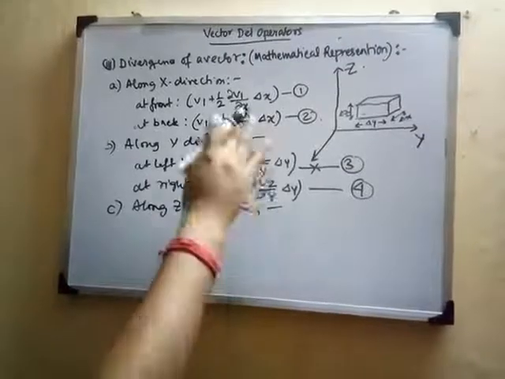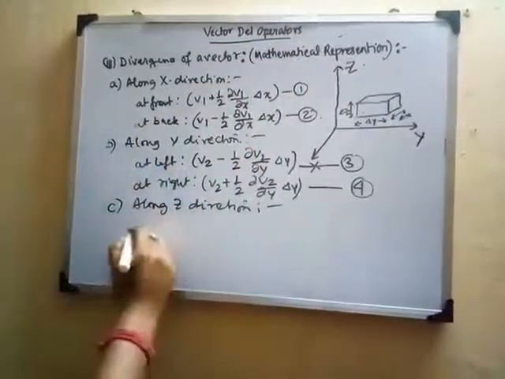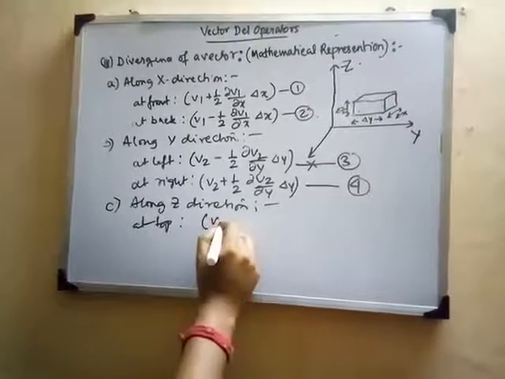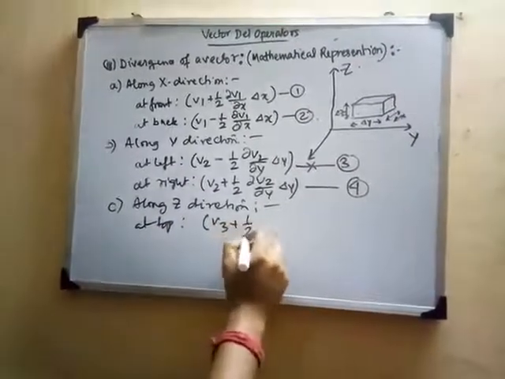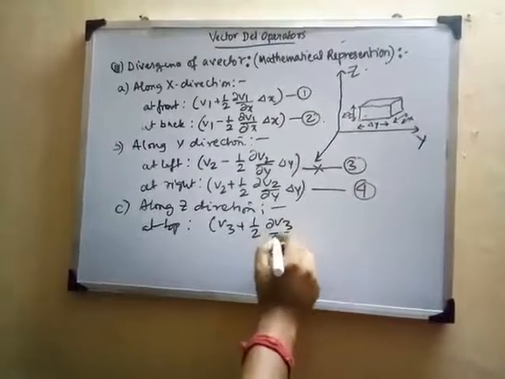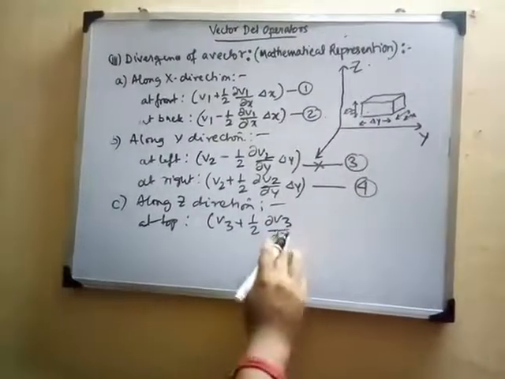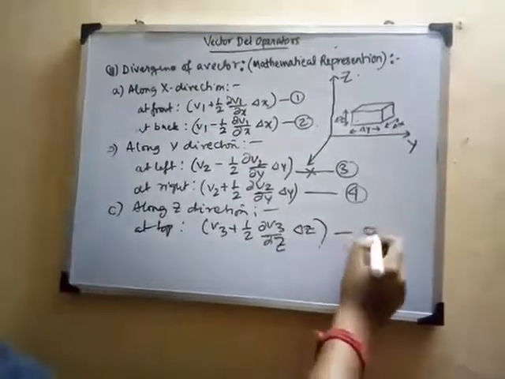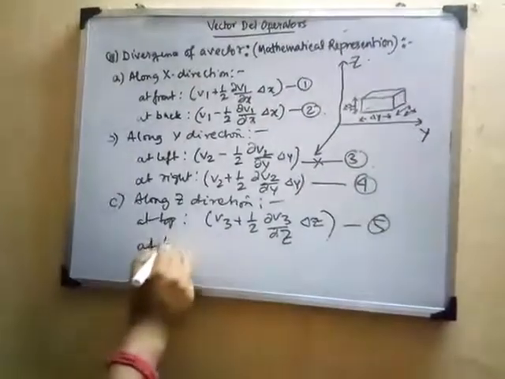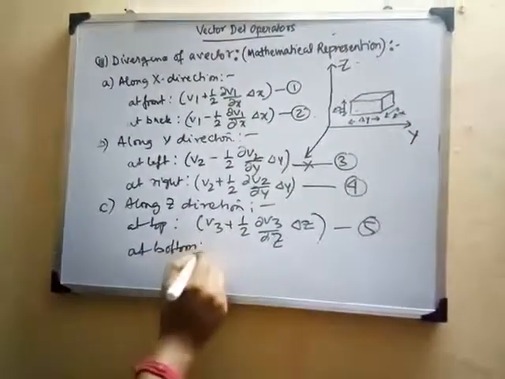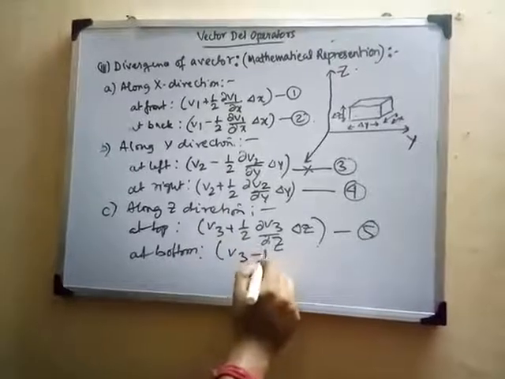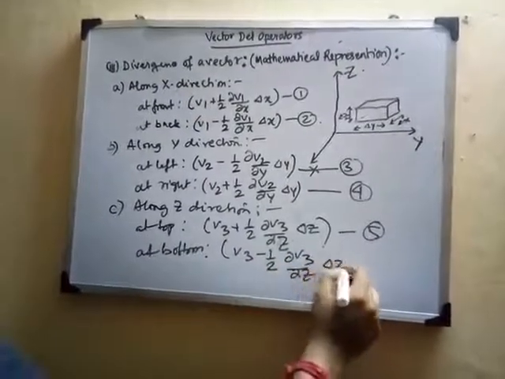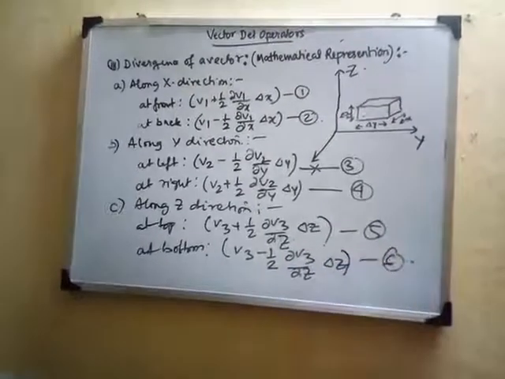At top we write v3 plus 1 by 2 del v3 del z del z. This is equation 5, and at bottom v3 minus 1 by 2 del v3 del z del z. This is expression 6.